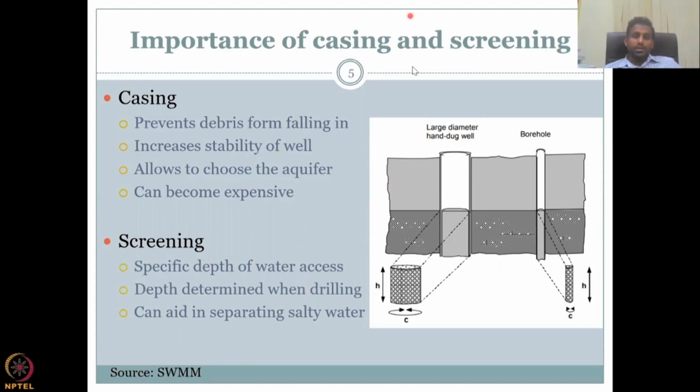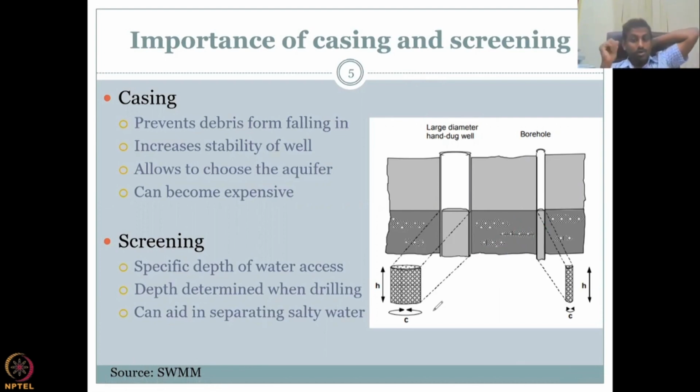For example, even though this whole water is the same water, some people would put the screen here just to make sure that the top water comes in from the aquifer. I don't want to put it down, because if the water table falls, then all the sand, silt, clay, or sediments will also come in. So you can pick and choose the specific depth of water access even within an aquifer.